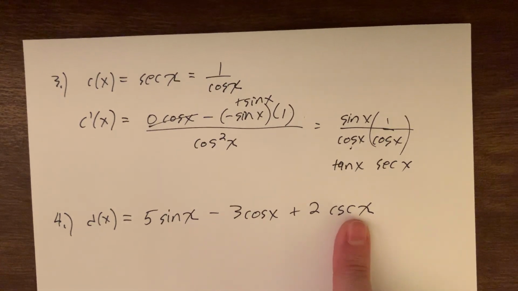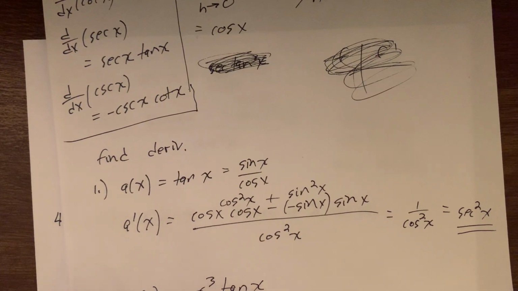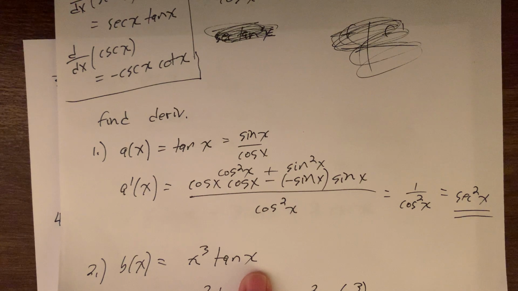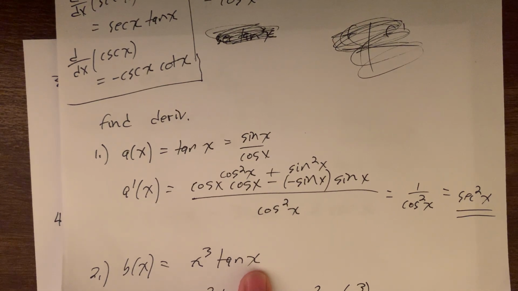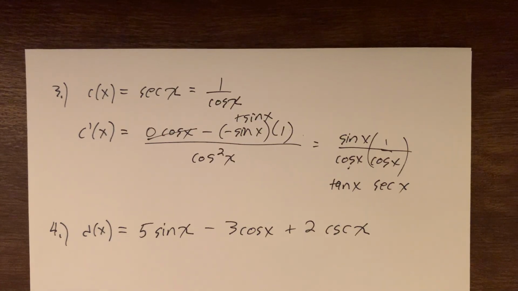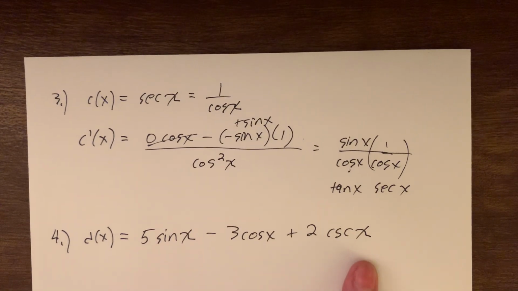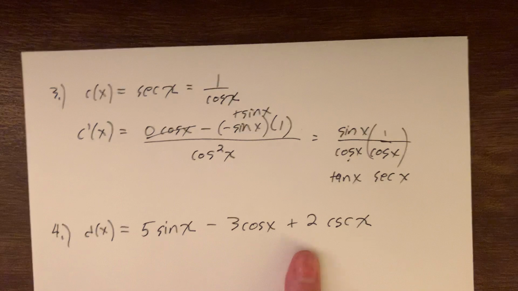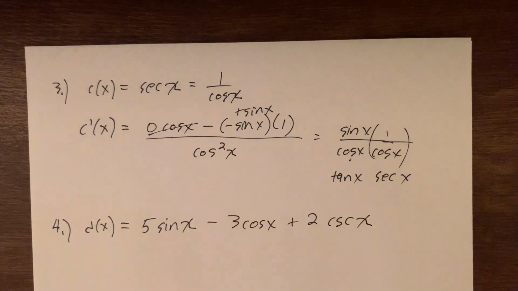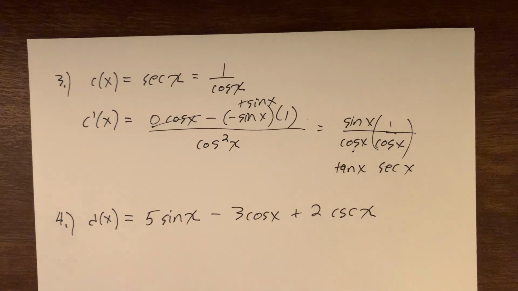What's the situation here? Well, back in number 2, quickly, x cubed times tan x. That was multiplication. We couldn't clean it up. That's why we needed product rule. But now number 4, now it's 3 separate pieces, and those pieces are separated by addition, subtraction. This is our ideal. Take the derivative one piece at a time.